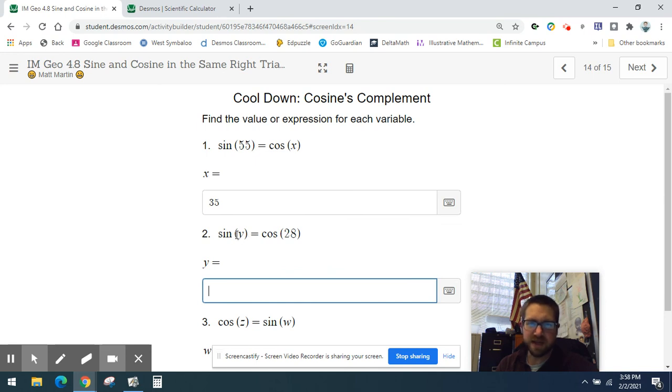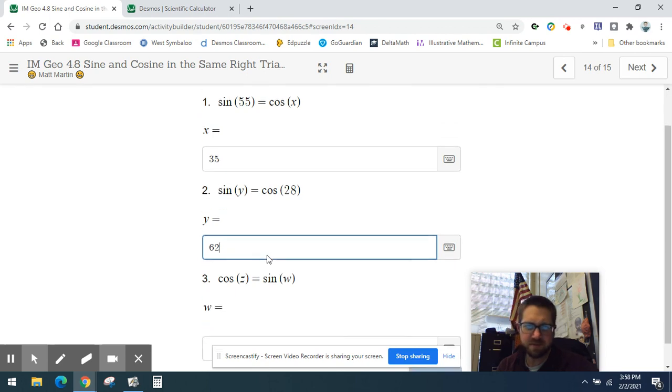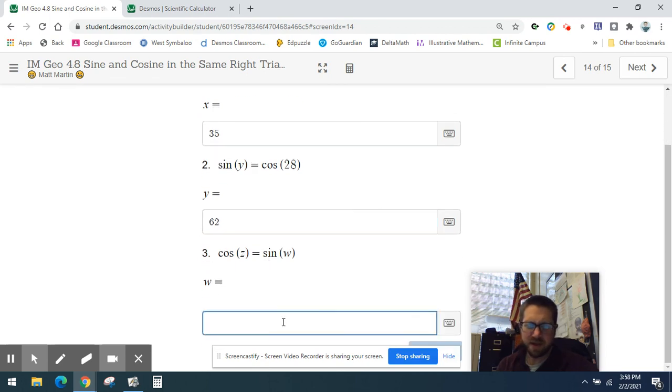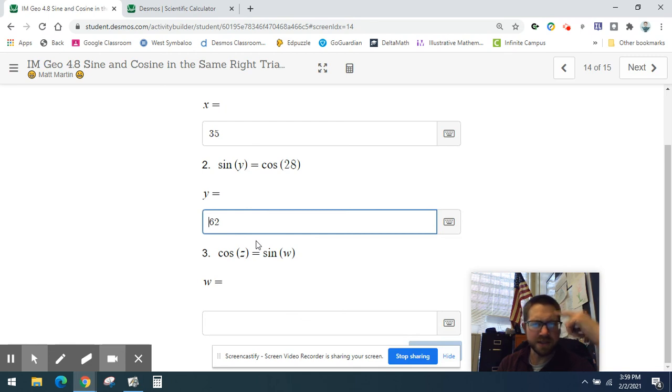Likewise, if sine of y equals cosine of 28, I know that this will be true if I find the other number that with 28 would make 90 degrees. So it's 62. This one is weird. This one doesn't have any numbers at all. But based on what we talked about a minute ago, how did I get that 62?